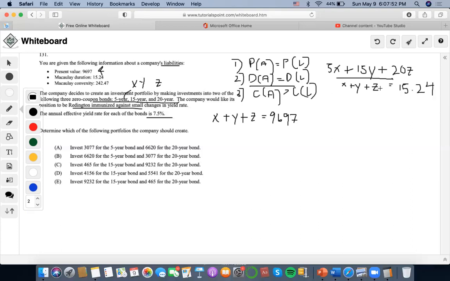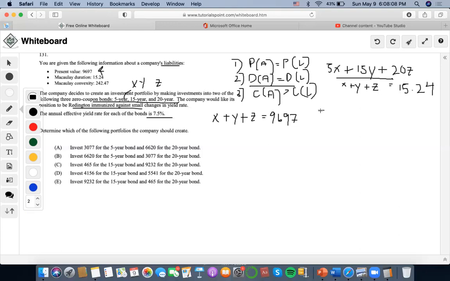Next is the Macaulay convexity. What does that mean? The Macaulay convexity would be set up in terms of the time value being squared.